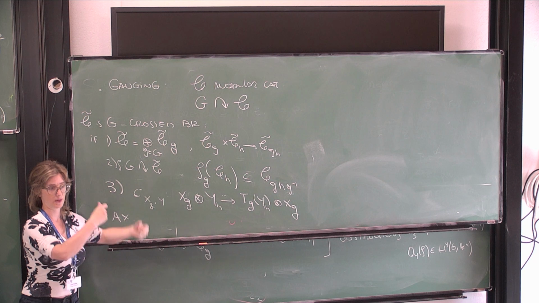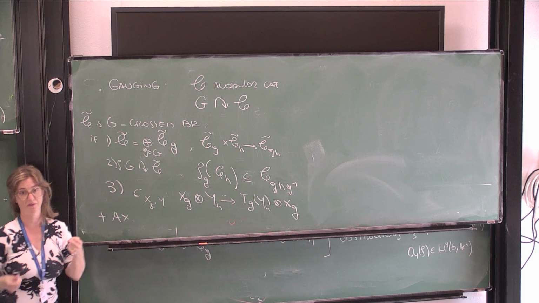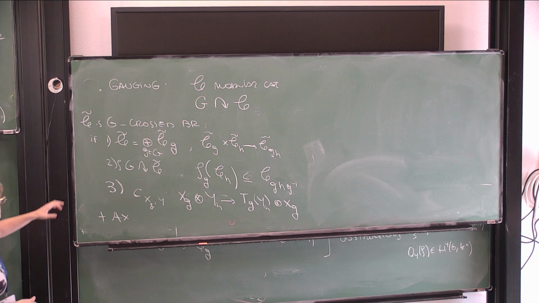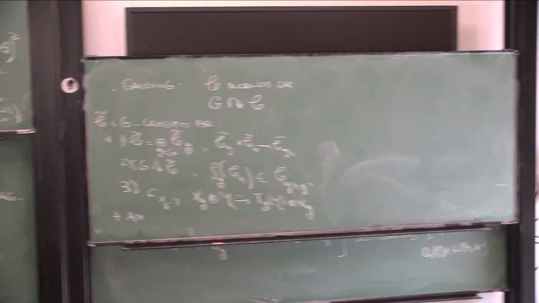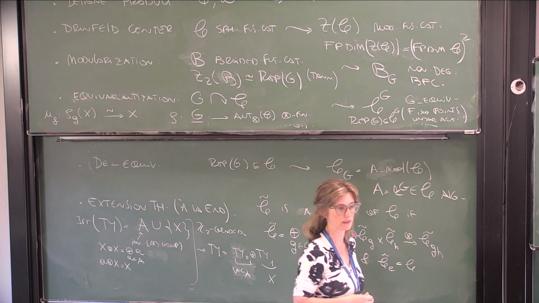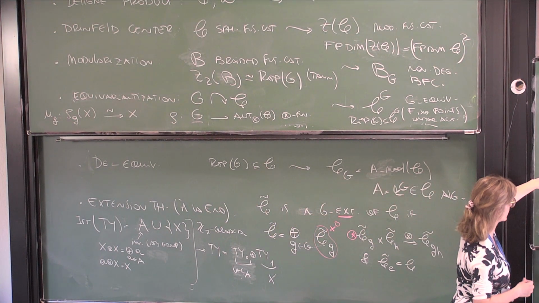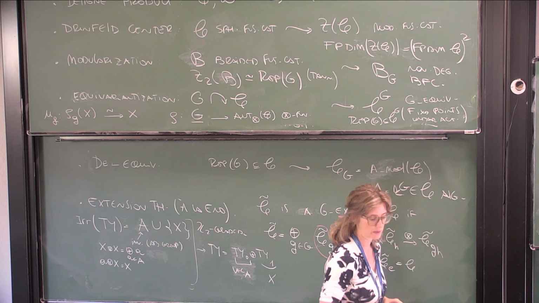One is related to the other. There is a way to encode one in terms of the other. And this notion of G-cross extension, or G-crossed braided fusion category, is related to some central extension notion, so some category that has a functor to the center. That's a way to see that these two are connected. But that maybe doesn't matter.